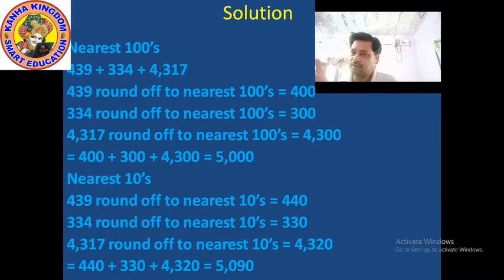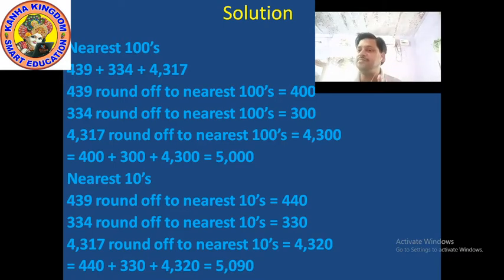it becomes 440. Okay, now the second number is 334, and when we see the ones place, it is 4. Here the first rule applies, because 4 is less than 5. It means you convert the ones digit into 0, and nothing is changed in the tens place.